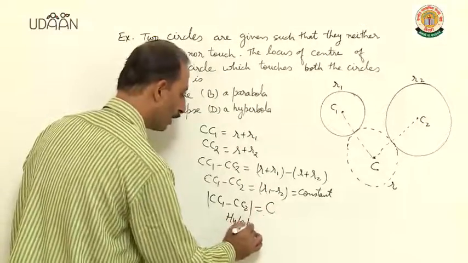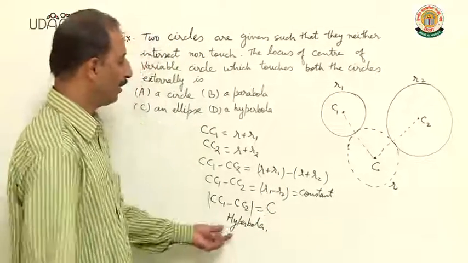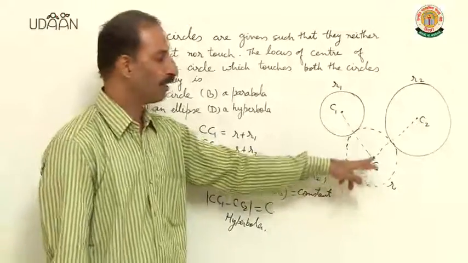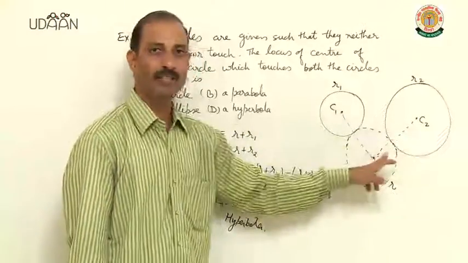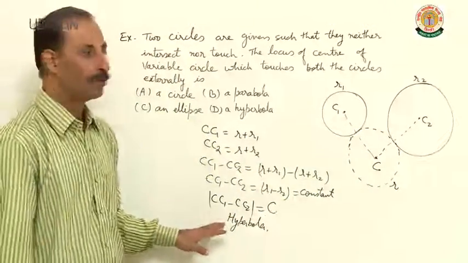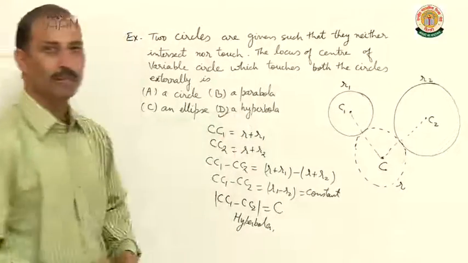So we are using the first definition of hyperbola here. According to that, the locus of the point C, whose difference of the distance from the two fixed points is constant, becomes a hyperbola. So which option is correct? You can see here, D option is the correct option.